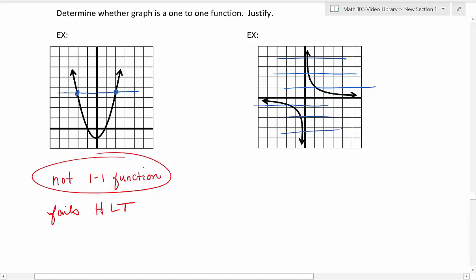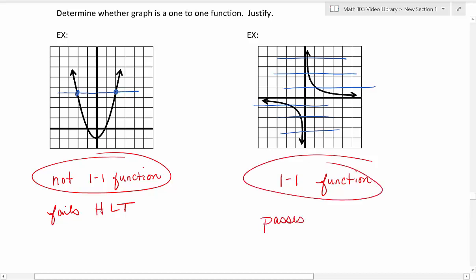Again, we know that this graph does not level out to be perfectly horizontal at y equals 0. It's approaching that horizontal asymptote. So this also passes the horizontal line test. Therefore, this is a one-to-one function. And our justification is that it passes the vertical line test and the horizontal line test.